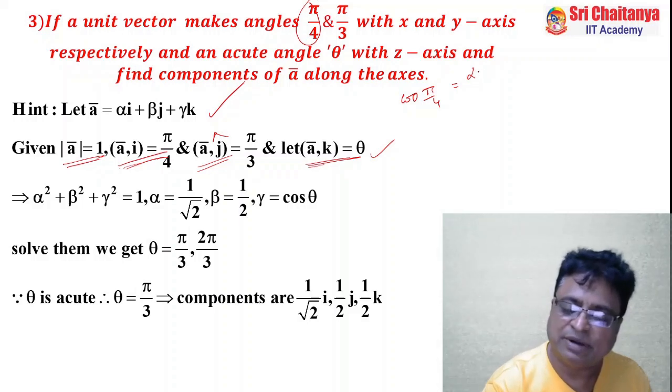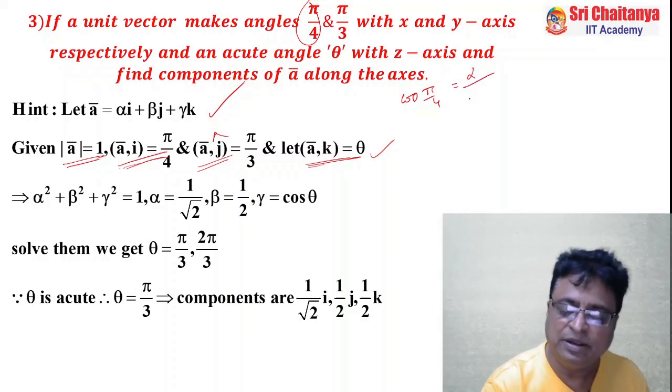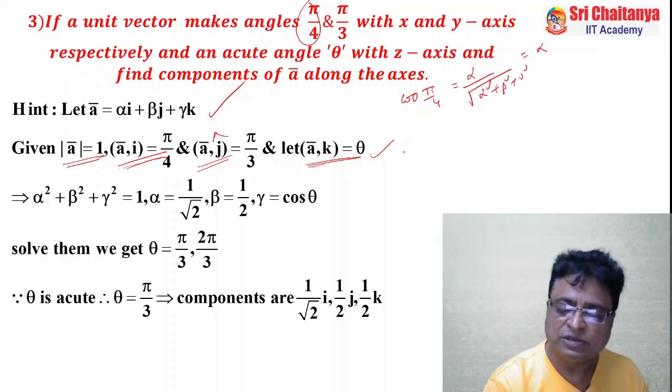So this is what cos pi by 4 is equal to: a bar dot b bar, that is alpha, by mod a bar, that is root of alpha square plus beta square plus gamma square, that is 1. That is for alpha. So alpha equal to what?